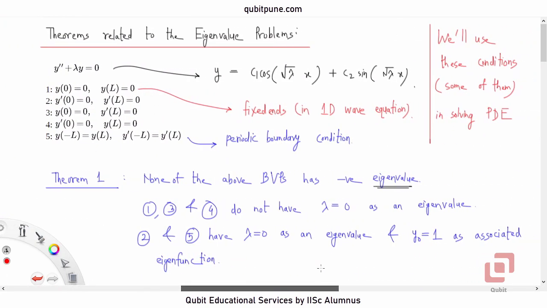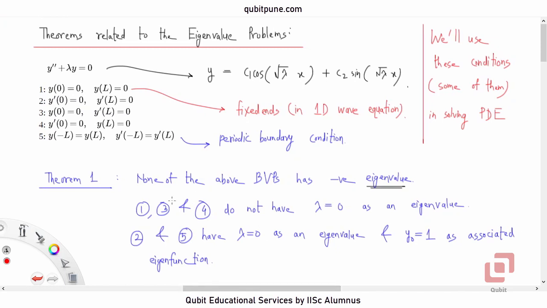Okay, so the first theorem tells me that none of the above boundary value problems has a negative eigenvalue. This means that if lambda becomes negative, then you can't have non-trivial solutions, no matter what the boundary conditions are.